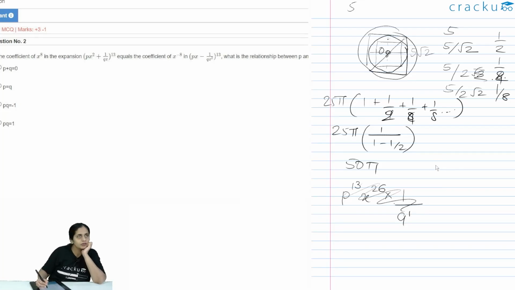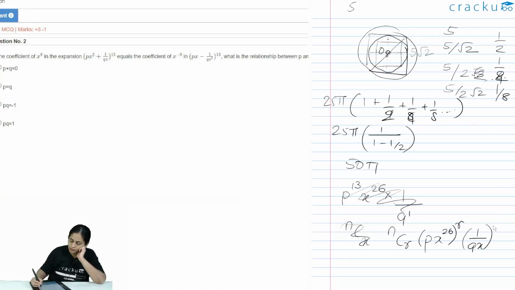So this would be nCr, p x raised to 26 raised to r, and each term is into 1 upon qx raised to n minus r.